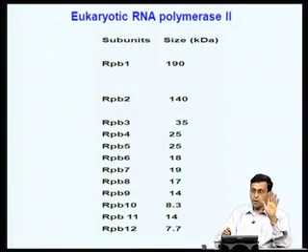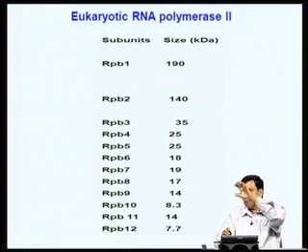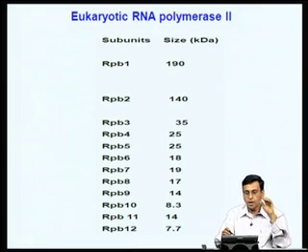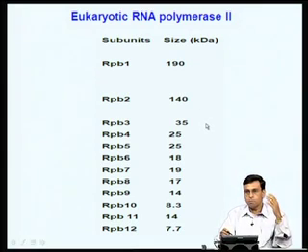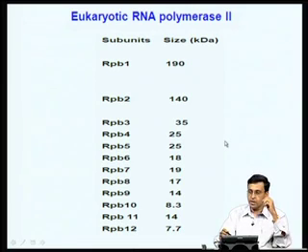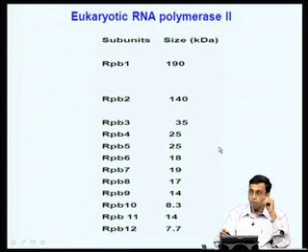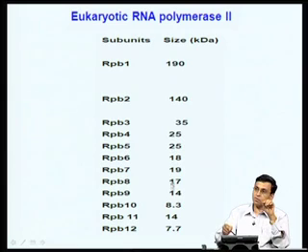Once they started purifying, they identified the RNA polymerase activity using a series of chromatographic steps. Once they got a pure RNA polymerase II activity and subjected it to SDS polyacrylamide gel electrophoresis, they found that this pure RNA polymerase has a number of subunits.